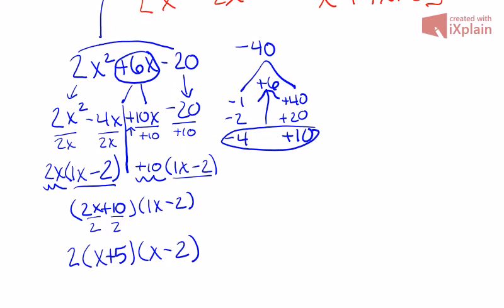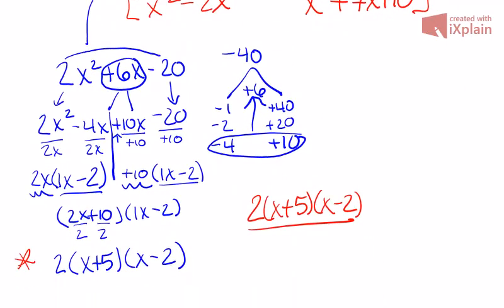Okay, I'm going to keep track of what we have going on. So right now we have 2 times x plus 5 times x minus 2 over x squared minus 2x.